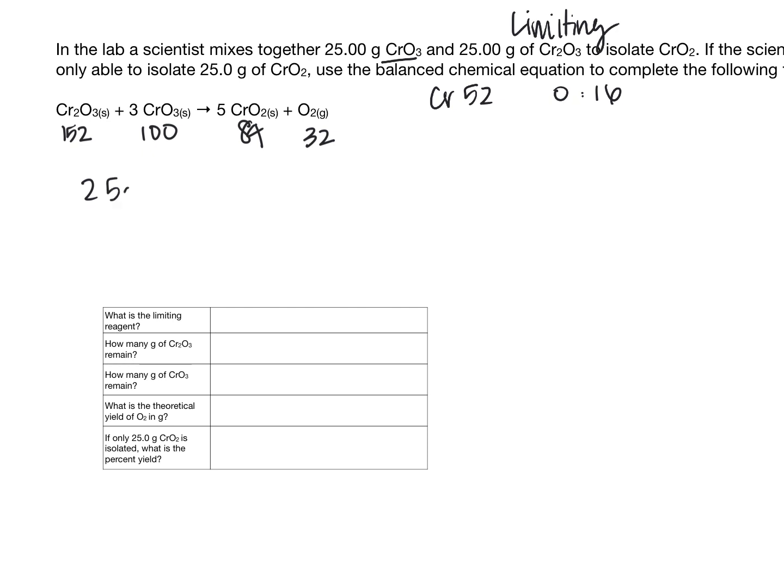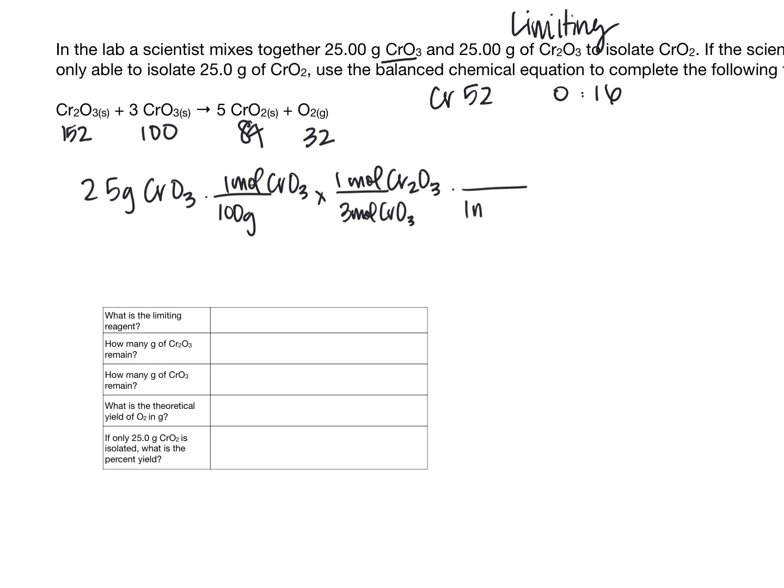So we have 25 grams of CrO3. We're going to convert that to moles using 100 grams and 1 mole of CrO3. From here, we need to convert to grams of the other chromium oxide. So there's 3 moles of CrO3 for every 1 mole of Cr2O3. And in 1 mole of Cr2O3, there are 152 grams.